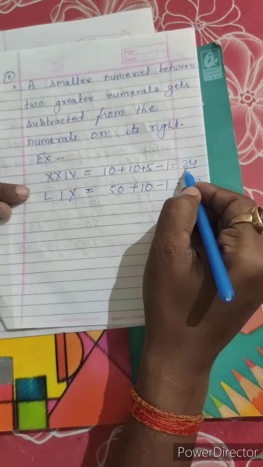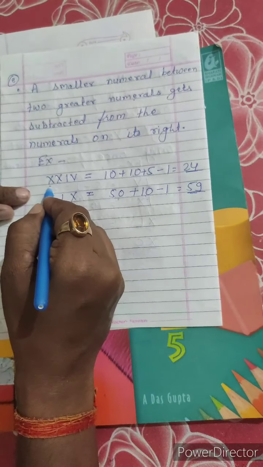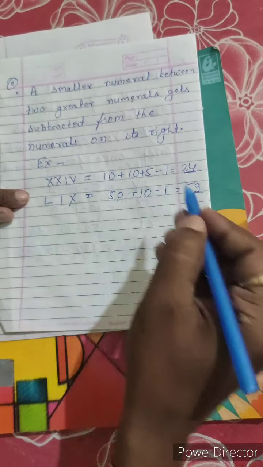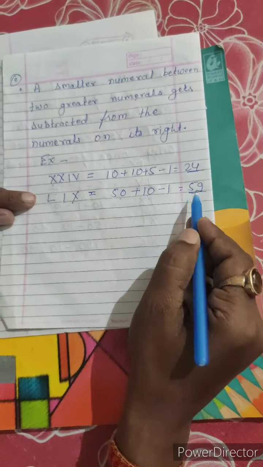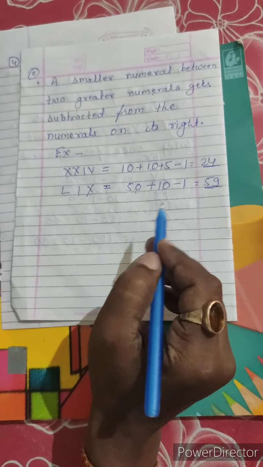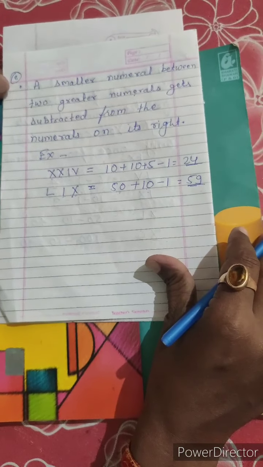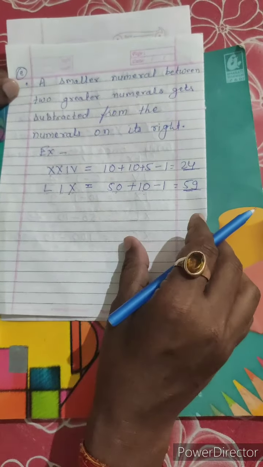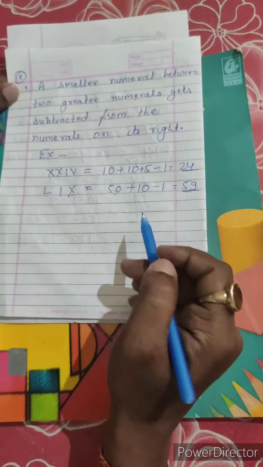Now the Roman numeral for 24 is XXIV and the Roman numeral for 59 is LIX. Now I think you will be able to understand very well how to write Roman numerals.